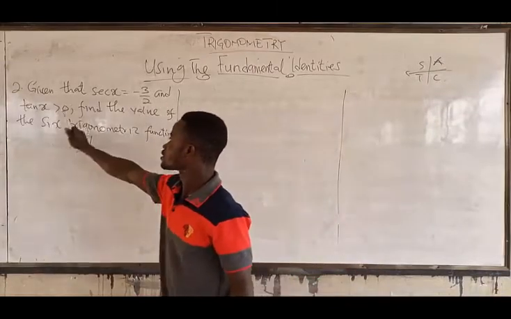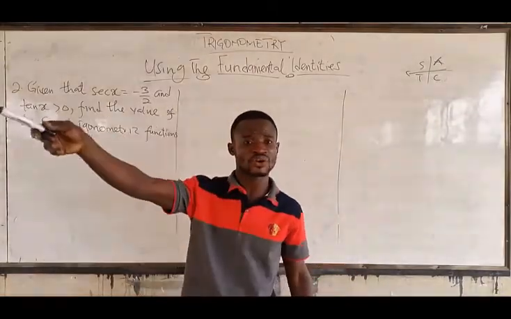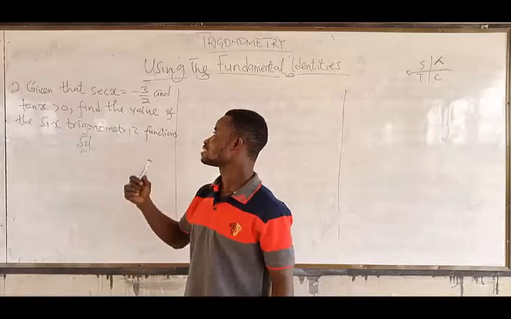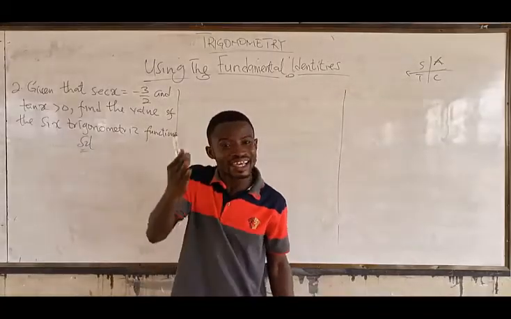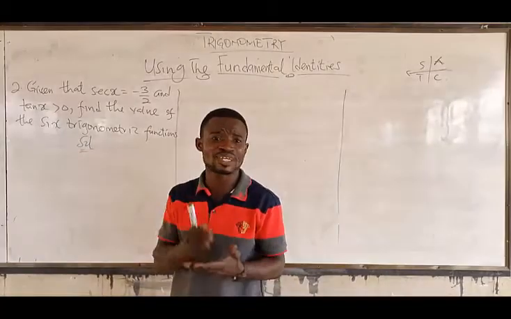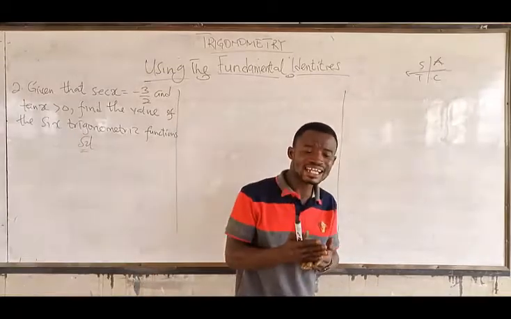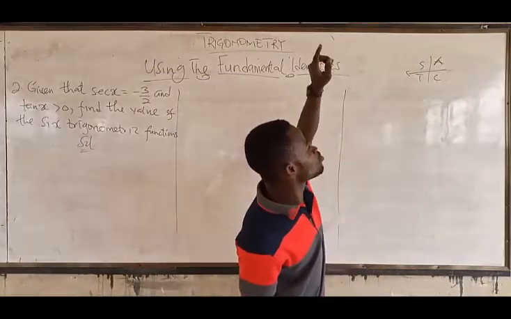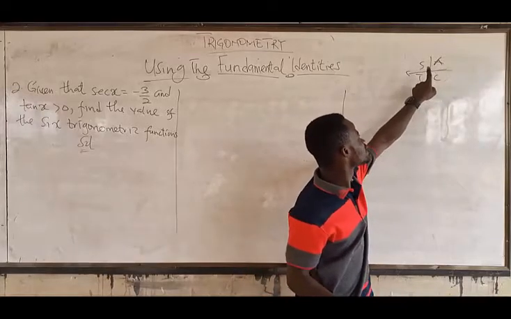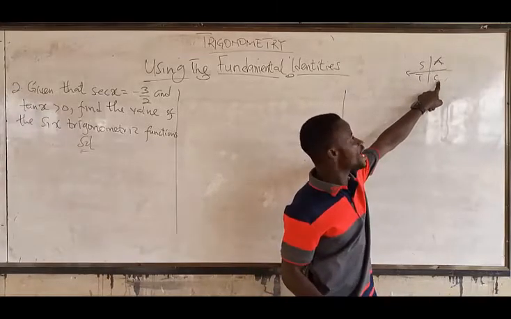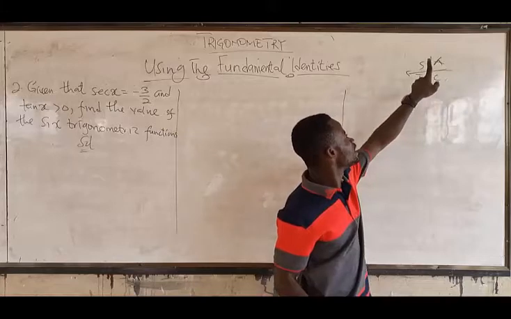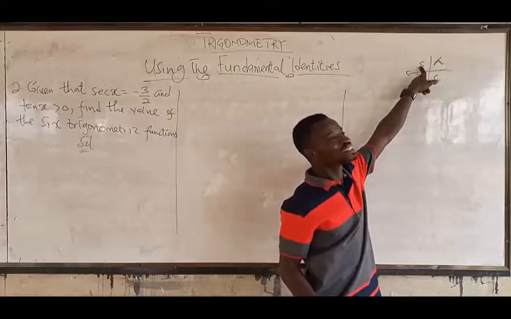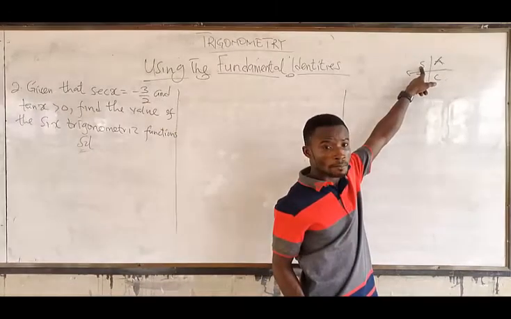Oh, tan x is greater than 0. That means that tan can't be negative. And for tan to not be negative, that means that it will fail to be in quadrant 4, and it will fail to be in quadrant 2.